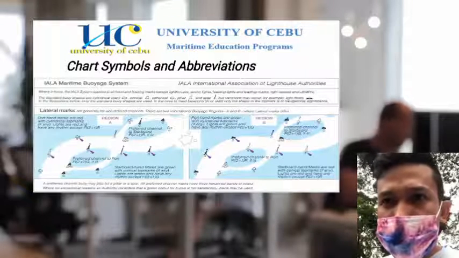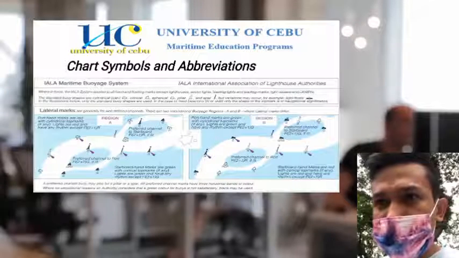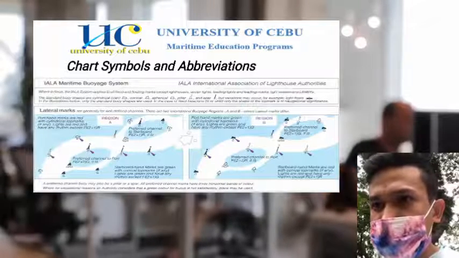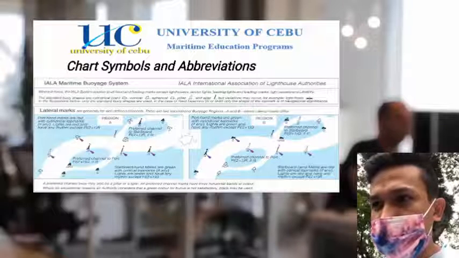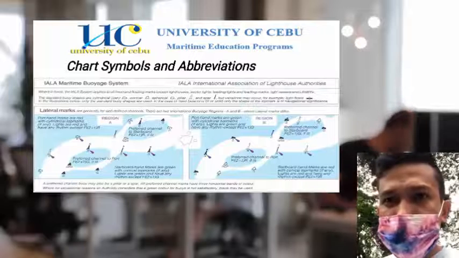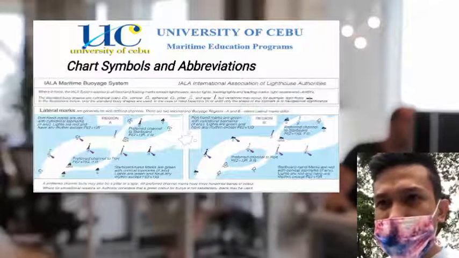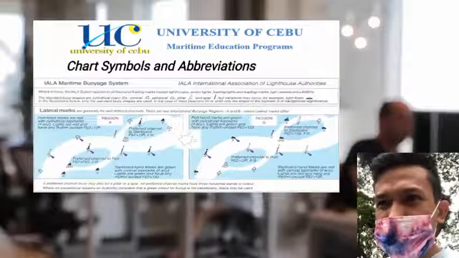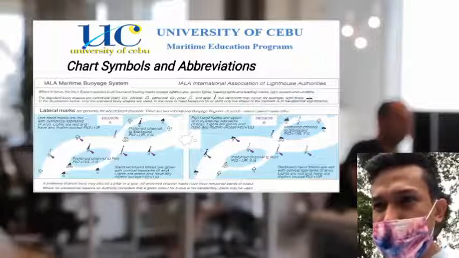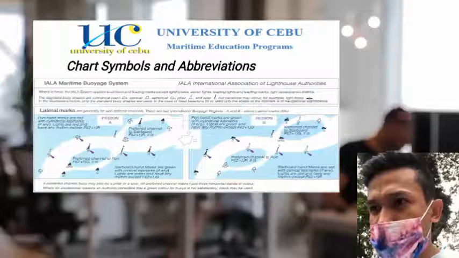When enforced, the Ayala system applies to all fixed and floating marks except lighthouses, sector lights, leading lights, leading marks, light vessels, and land buoys. The standard buoy shapes are cylindrical, conical, spherical, pillar, and spar, but variation may occur.